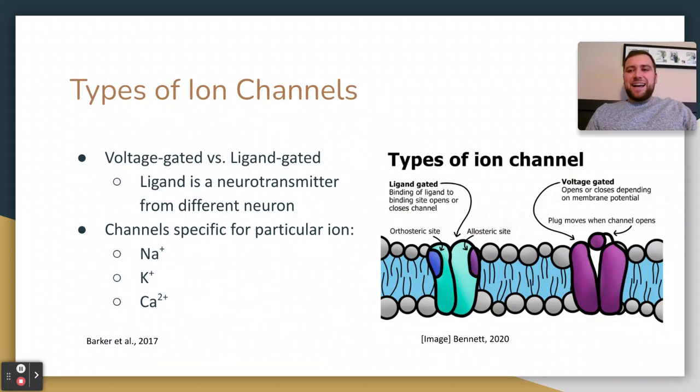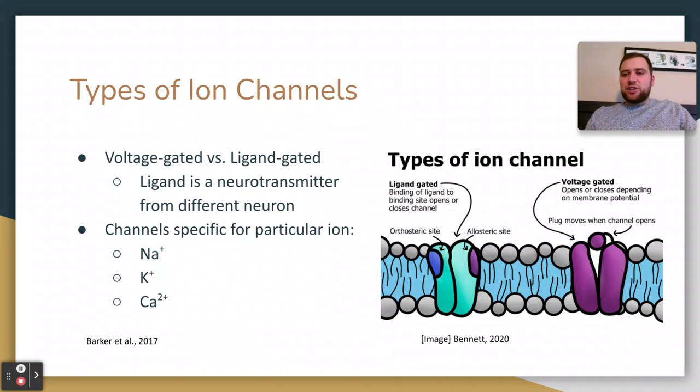There are many different types of ion channels that we have to be aware of, because knowing when each type is active and why will help us understand the primary function that they have in communication in a neuron. The big difference between two major types is voltage gated ion channels and ligand gated ion channels. That just means that when they open is based on a different condition being met, as this image here does a good job of showing.